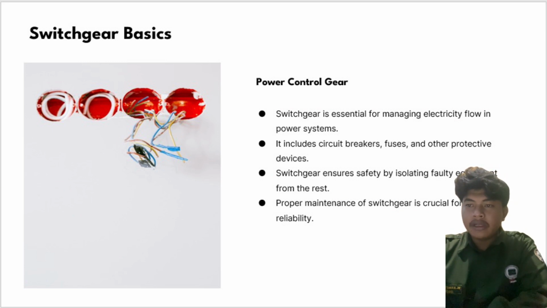Switchgear, basic power control gear. Switchgear is essential for managing electrical flow in the power system. It includes circuit breakers, fuses, and other protection devices. Switchgear ensures safety by isolating faulty equipment from the rest.